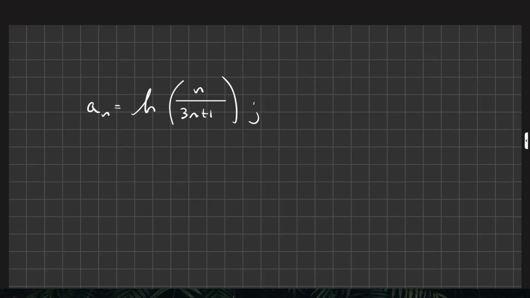So we're given a sub n, but we're considering this as a series. This is a perfect problem where we can use the divergence test by simply taking the limit of a sub n, so the limit as n goes to infinity.